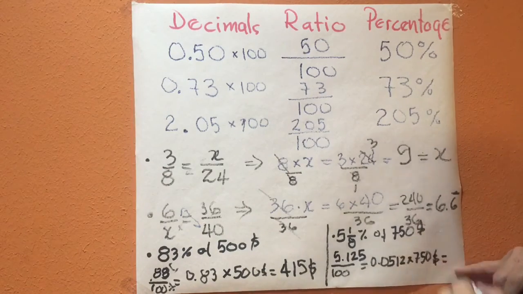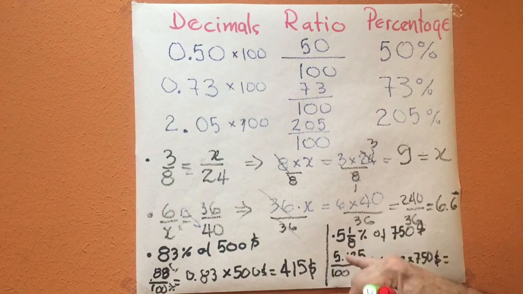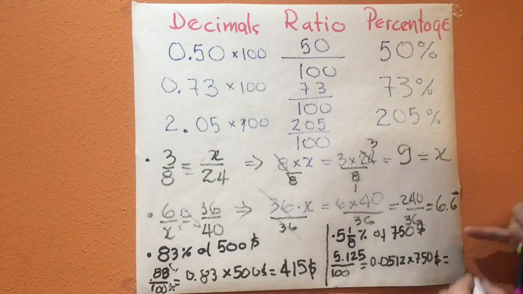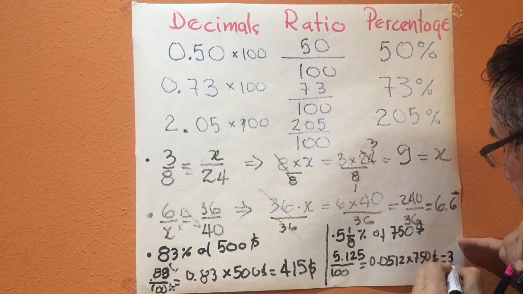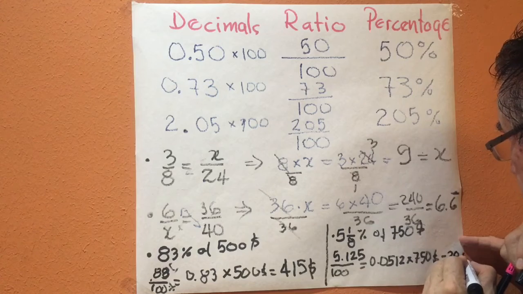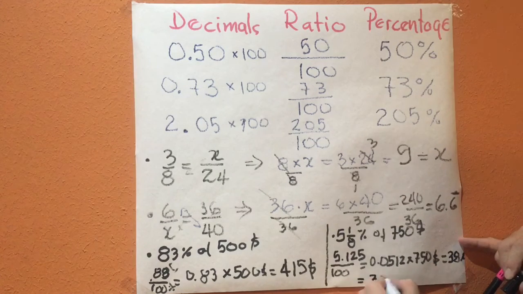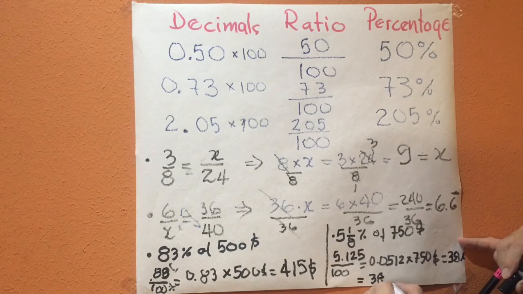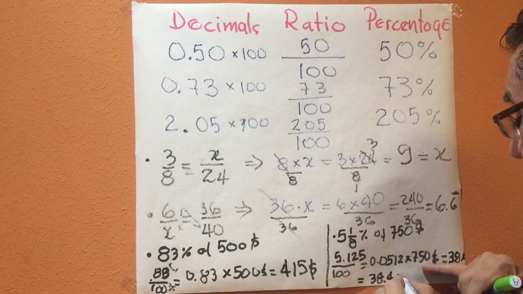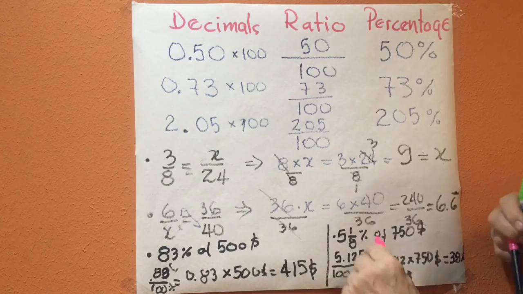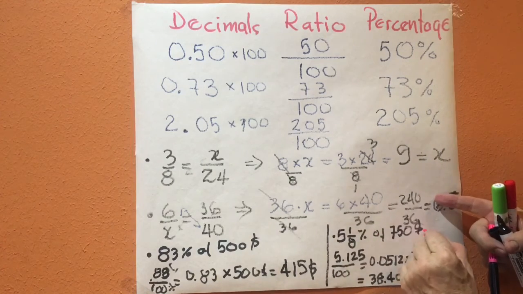Okay, well, since this is a very small percentage, the answer will be very small too. It will be $38.4. So the answer here is $38.40. All right. This is the way we can use and remember how much is this answer, right?